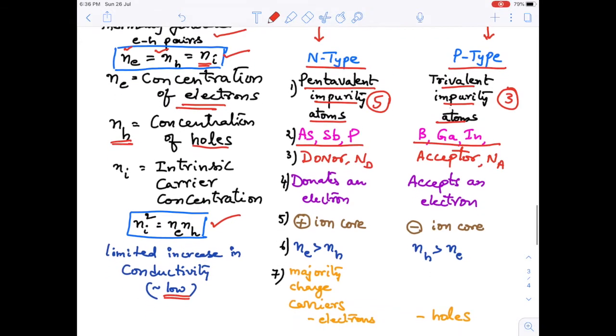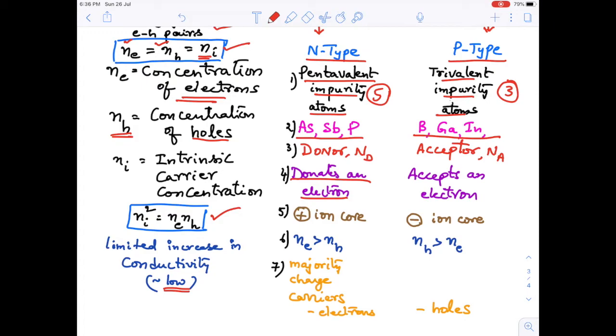These donate an electron, therefore they are called donor impurity atoms, and I will represent that as Nd. The suffix d refers to donor. And acceptor impurities in P-type, Na, accept an electron. So, these are called acceptor impurity atoms.